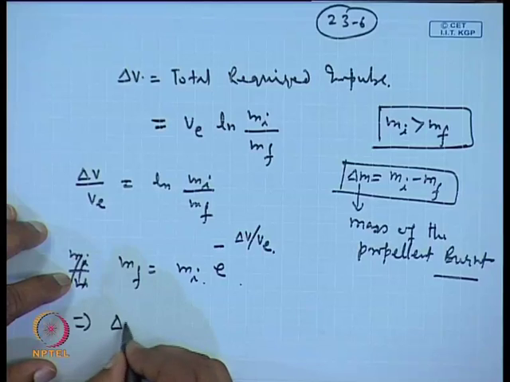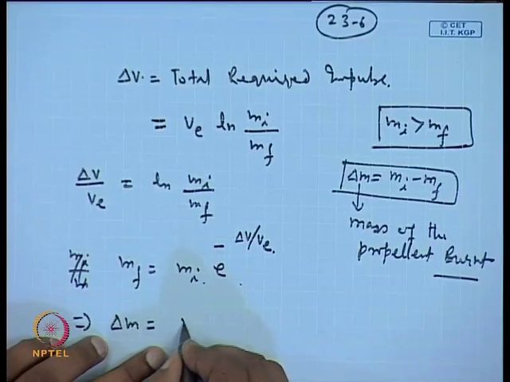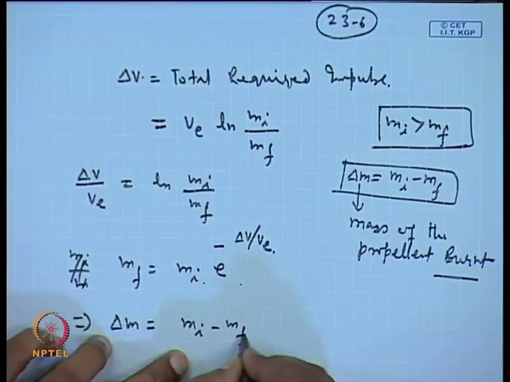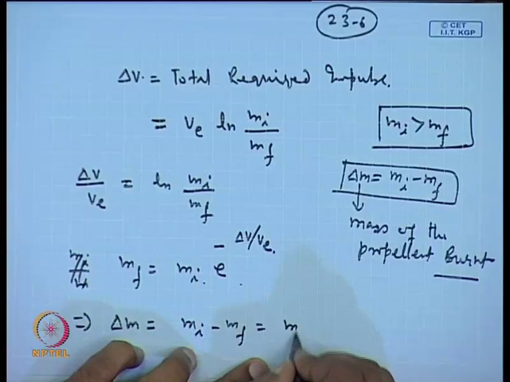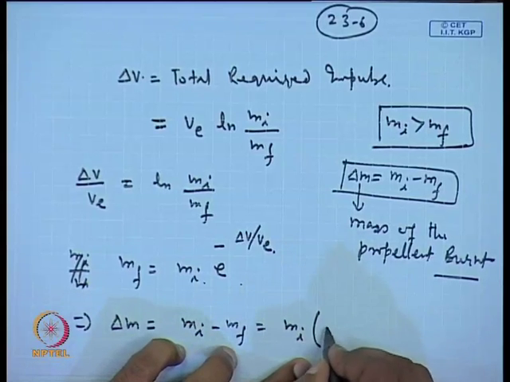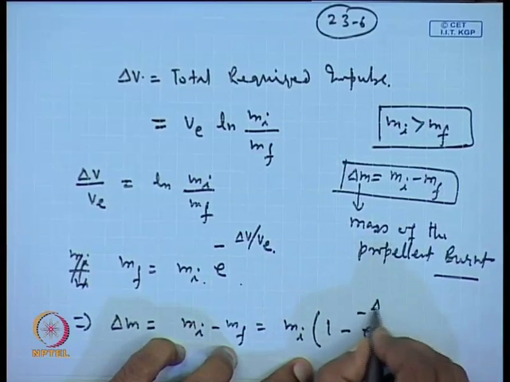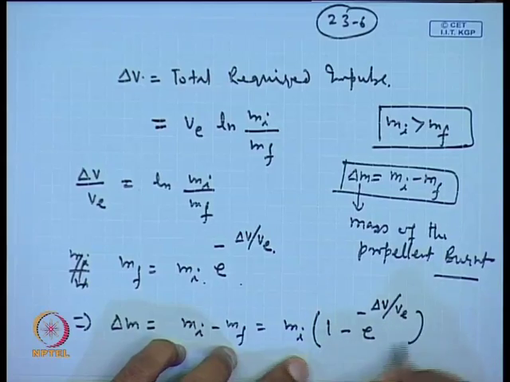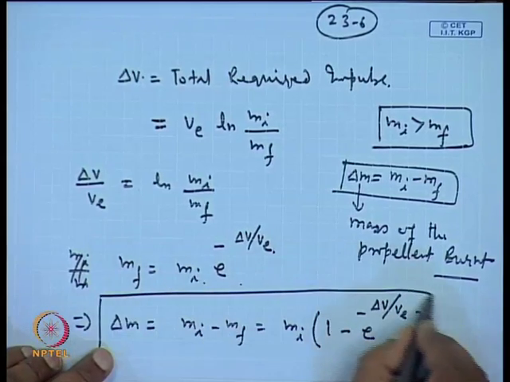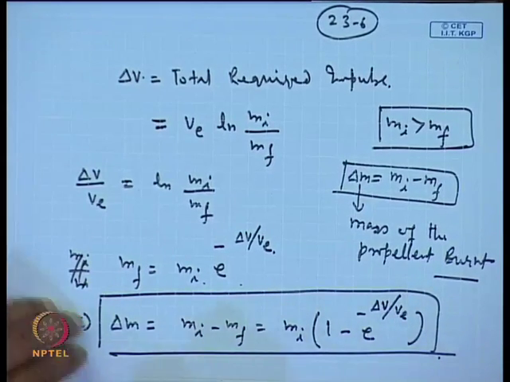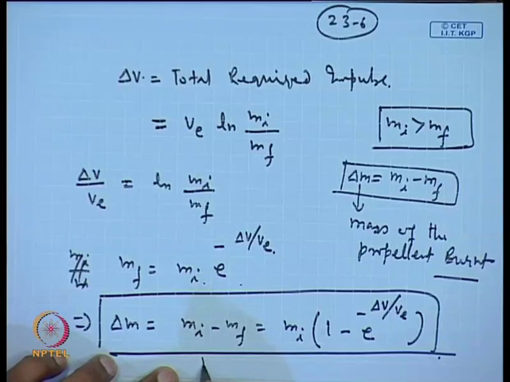Therefore, this implies delta m will be equal to m_I minus m_f equal to m_I times 1 minus e to the power minus delta v by v_e. So, this is the mass of the propellant burned.